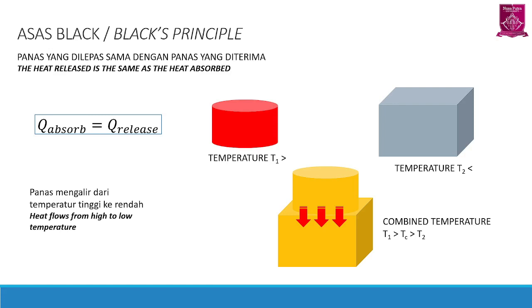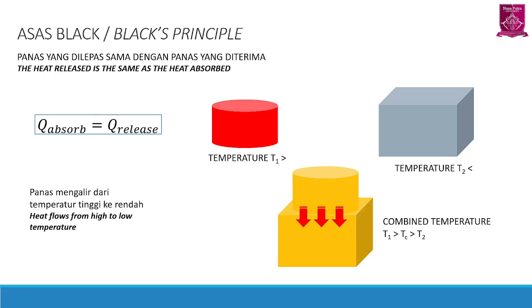Next is about Black's principle. If some object has a higher temperature and a second object has a lower temperature, and I combine these two objects, there will be a combined temperature.